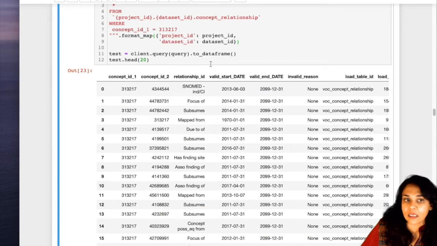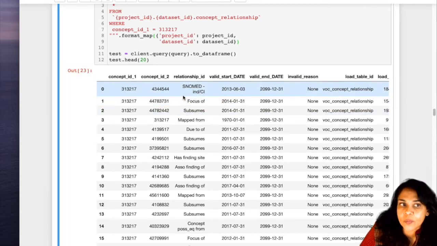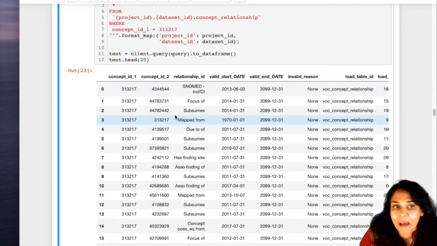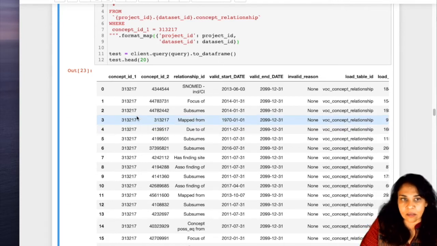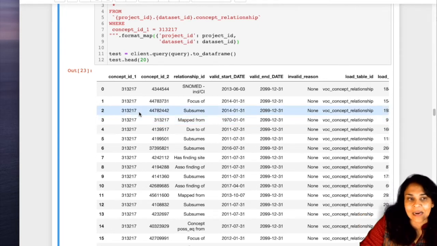In last time's video, we were just looking at the maps to relationship or mapped from relationship. Here you see that there are many more relationship types. There is mapped to, mapped from, right? Mapped to and mapped from basically means that they are identical. That's the standard concept.